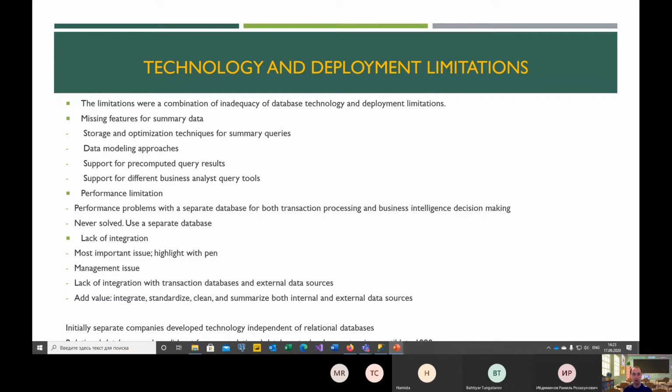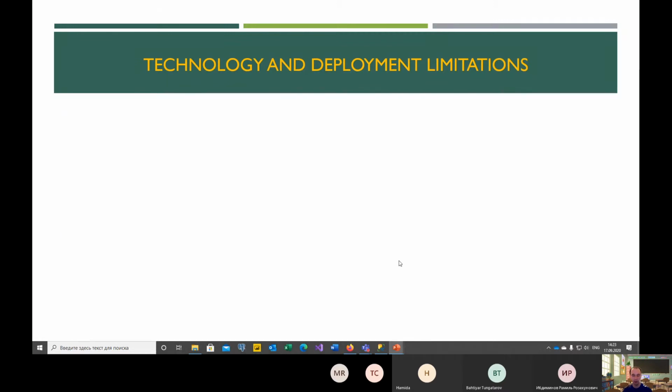There can also be management issues with integration, such as a lack of integration with support databases.